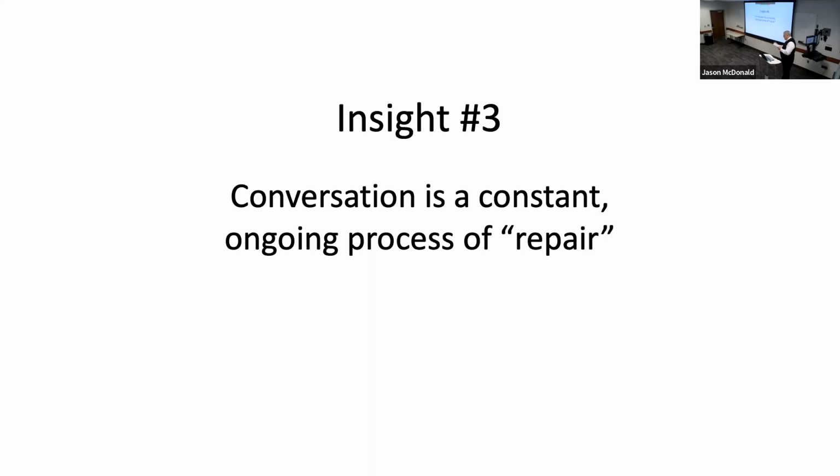Insight number three: we realized that conversation is a constant, ongoing process of repair. That is a term that you ought to think of, because a conversation is a constant process of repair. If one conversational participant makes an ambiguous statement, the second normally tries to disambiguate.